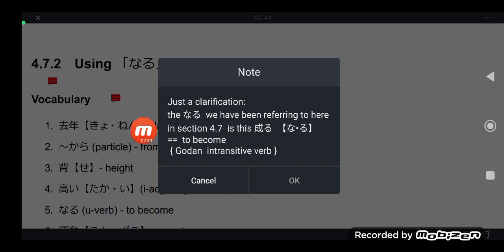The naru that we have been referring to in this section 4.7 is this kind of naru, kunyomi naru, with this kanji, and it means to become, and it is an intransitive verb and a godan verb. Okay, a godan intransitive verb, and it means to become something. Say, become a doctor, isha ni naru, just like what you have learned in lesson number 0094.